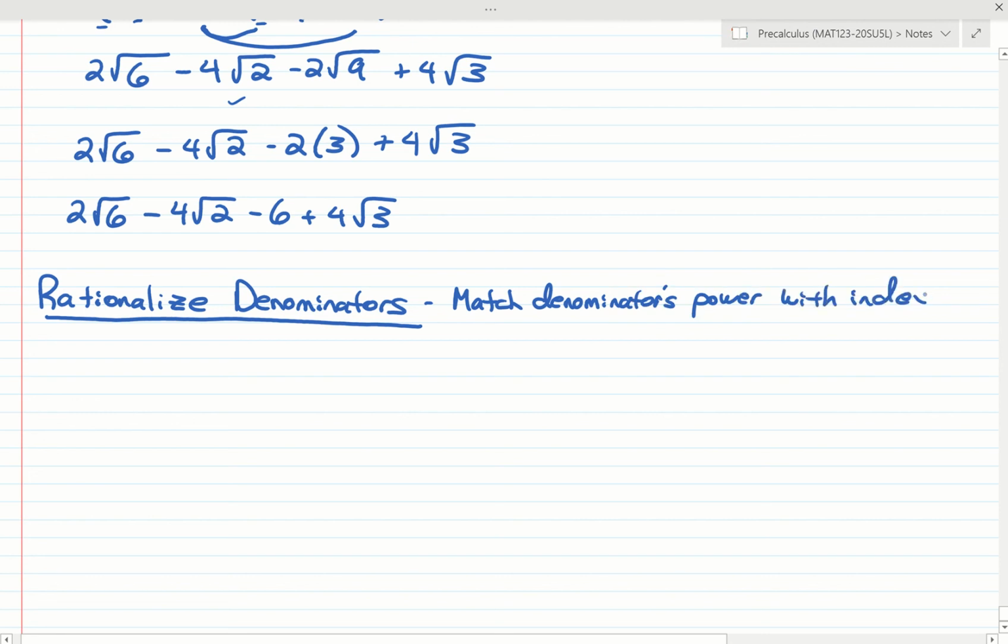So in math, there's such a thing as manners. Just like if you're going through a door, you don't let it slam shut on the person behind you. That's just having good manners. In math, we don't want to have radicals in the denominator. And the way that we stop that from happening is we match their powers with the index.